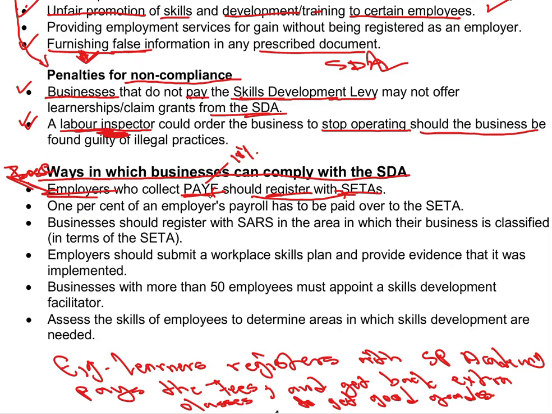Employers who collect tax should register with SETA, meaning that when they register with SETAs, they are going to pay a skills levy, which will grant them training in the future.